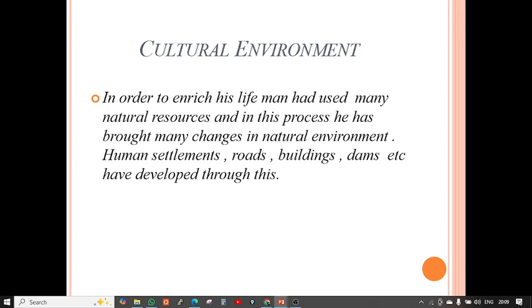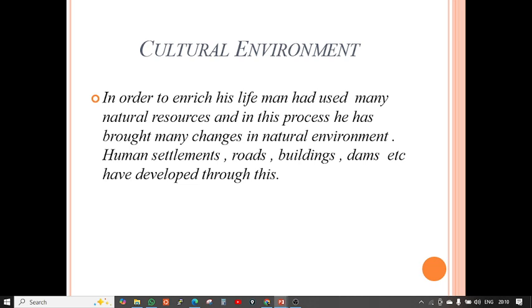These processes have brought many changes in the natural environment through different artificial or man-made activities, like human settlements, buildings being created, trees being cut, deforestation, forest trees being cut and concrete roads, buildings, and dams being made.